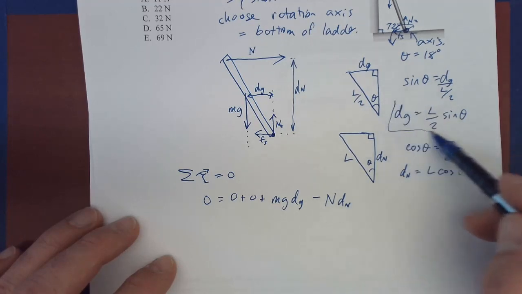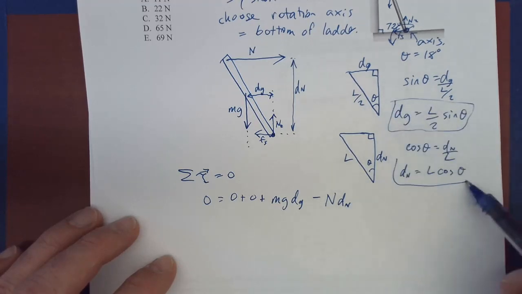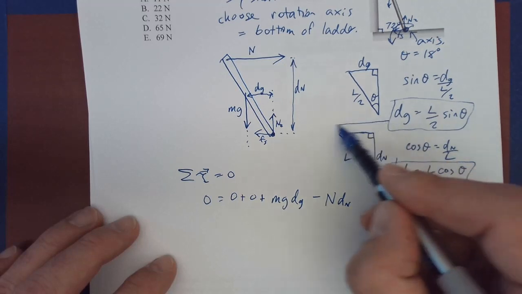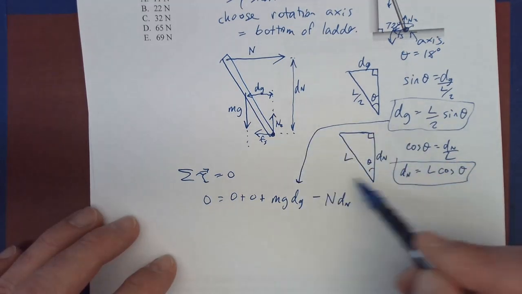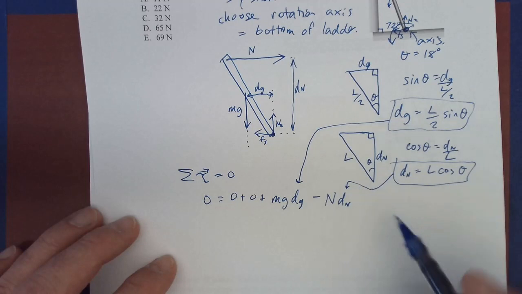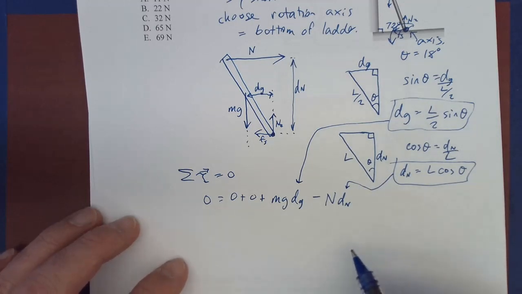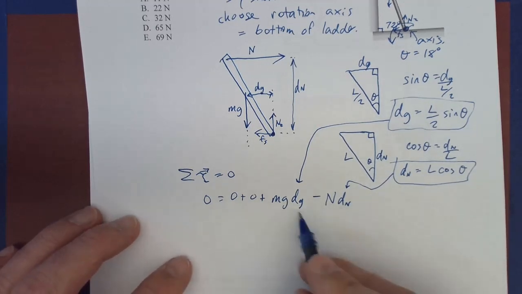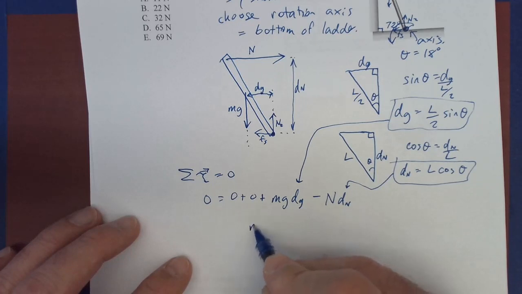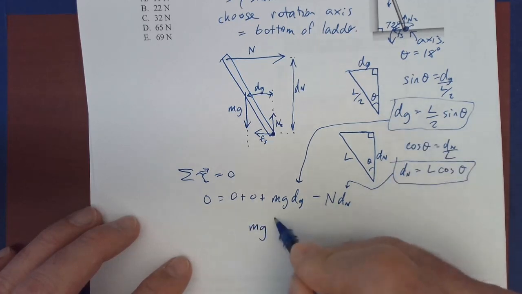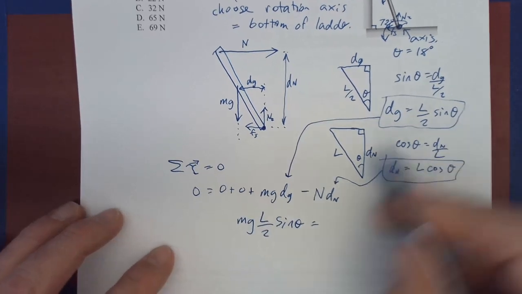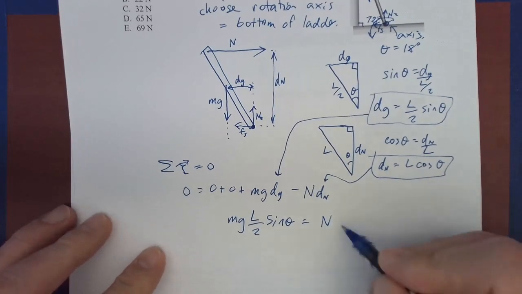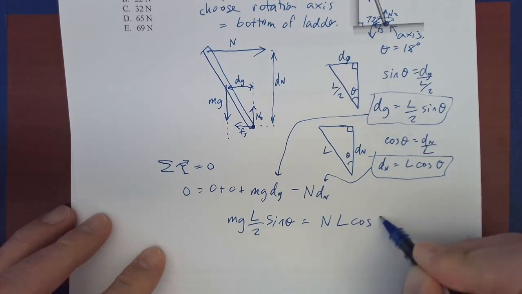But I've already found these using the geometry, so I'll just plug d sub g into here, and I'll plug d sub n into here, these lever arms. And these are going to equal each other since the whole thing sums to 0, so I've got m times g times L over 2 times sine of theta equals normal force times L times cosine of theta.